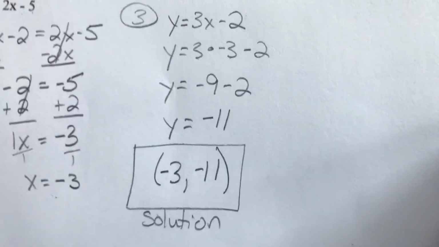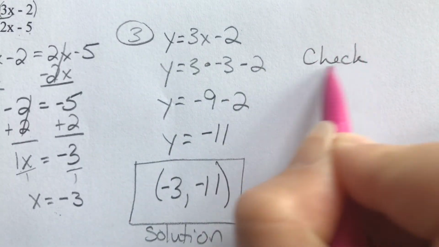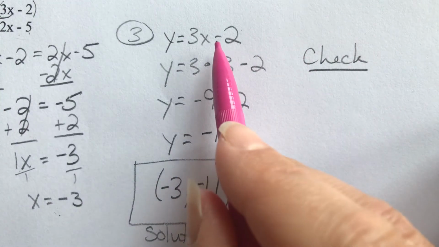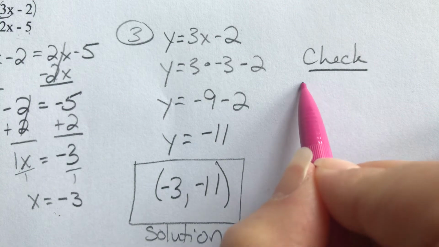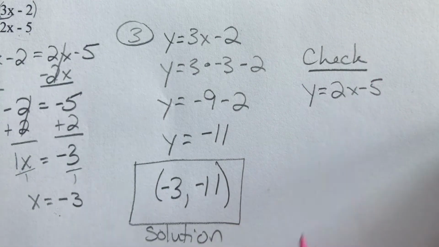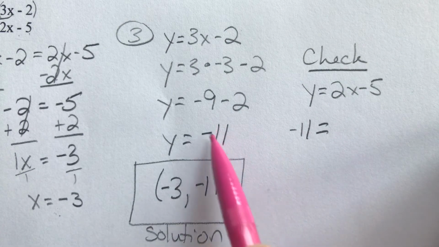I'm going to check it. So I have to take the other equation, right? It wouldn't make sense to use this. So I'm going to make sure that it works in the opposite equation, the one I haven't checked yet. So negative 11 is what I found over here.